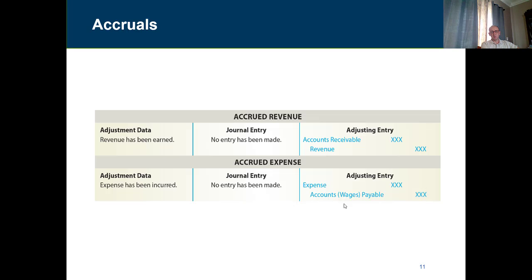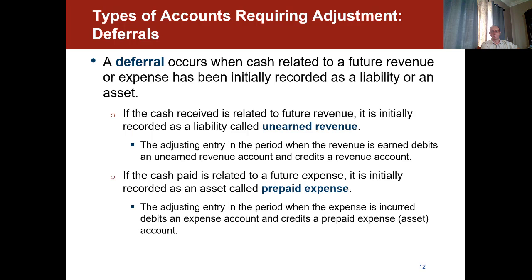So we debit the expense and we credit the accounts payable. Remember, one is a balance sheet account, which is the accounts receivable, and the other is an income statement account, which is the revenue. Same thing with expense, we have an income statement account, and then we have a liability, which is a balance sheet account. And you see, never involved cash. So cash was never part of this journal entry or adjusting entry.